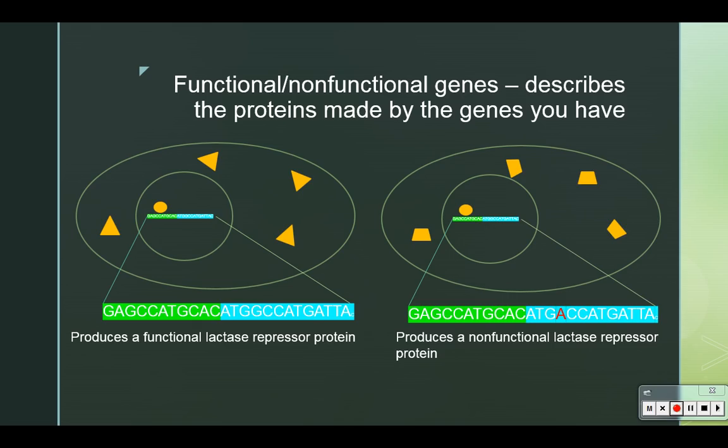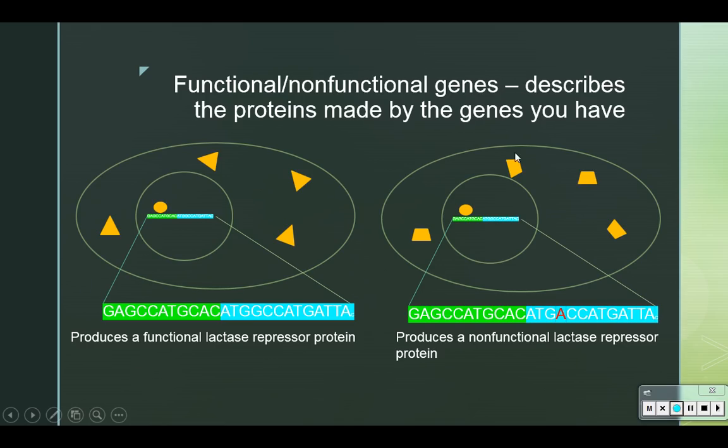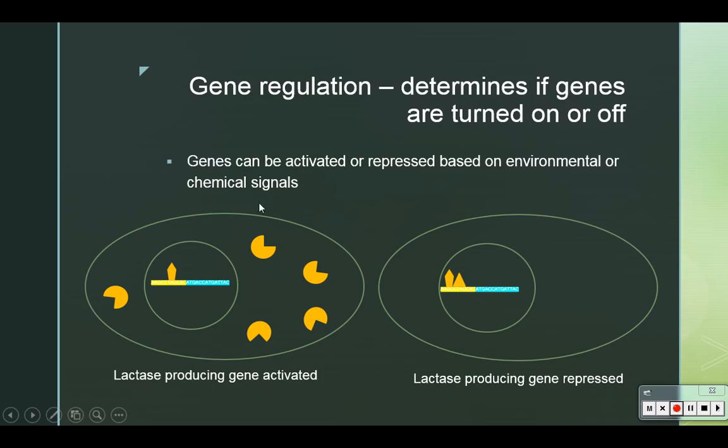What it can't do is attach on here and repress this gene. And so because this can't attach where it's supposed to, you get somebody who stays lactose tolerant, or we actually call that lactose or lactase persistent. The lactase gene persists after anywhere between age 5 and 15.